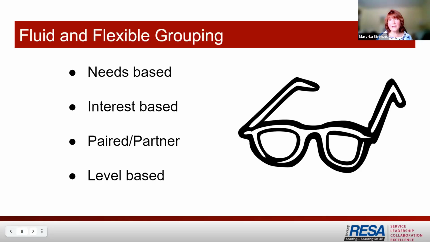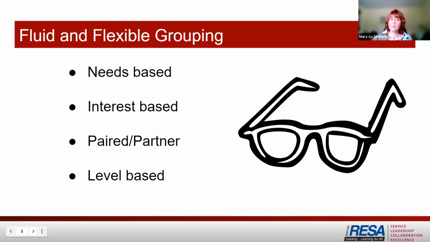And then finally, level-based. So using our assessments like PSAT, iReady, possibly other assessment pieces, we might group our students based on that information.